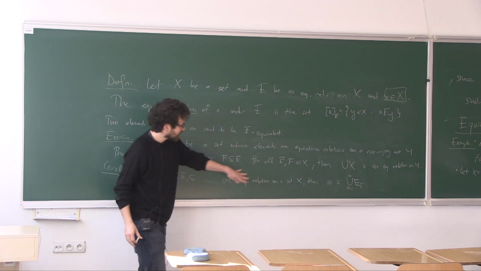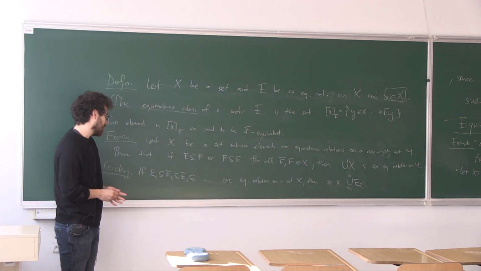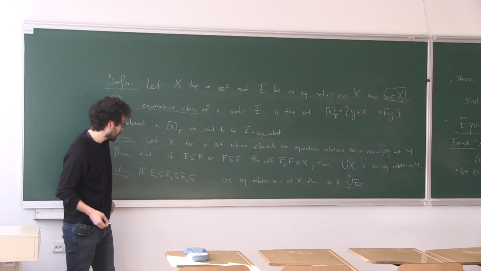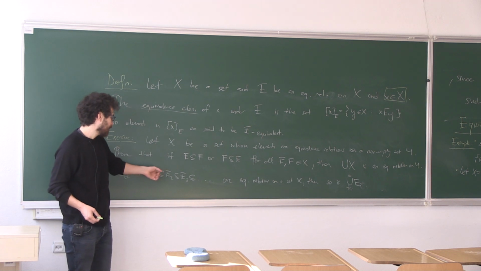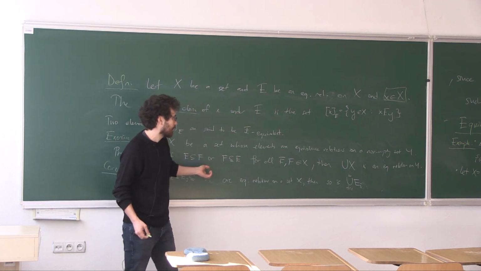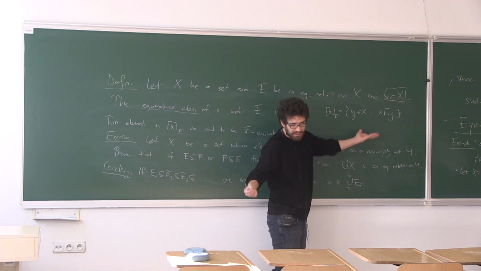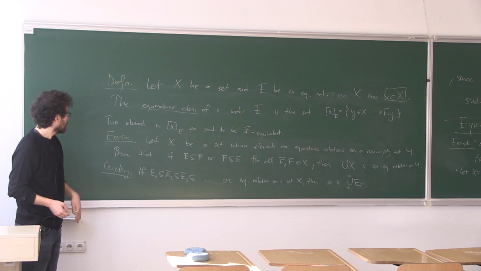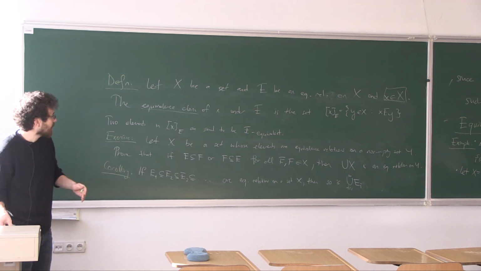Now, I don't want to write this because at this point we don't know what the set of natural numbers is, but pretend that you know it, okay? The point is, if your equivalence relation is going to fix at X, and if these are increasing, if these are subsets of each other, then the union is an equivalence relation, okay? So that's like a corollary to this exercise.